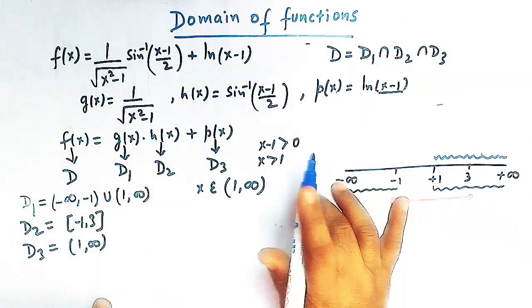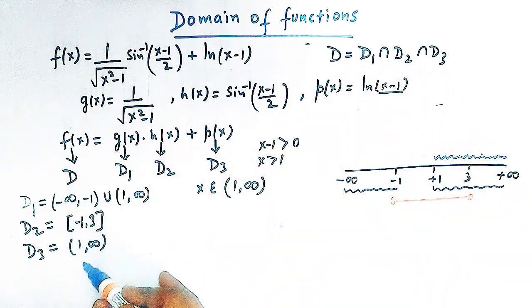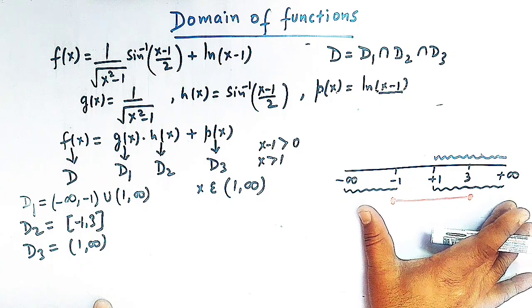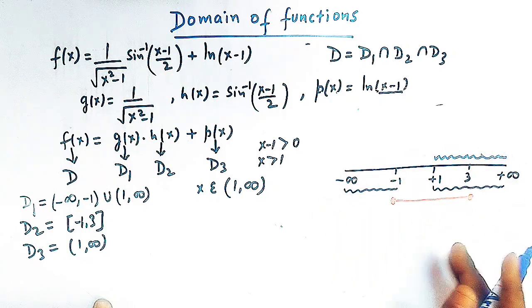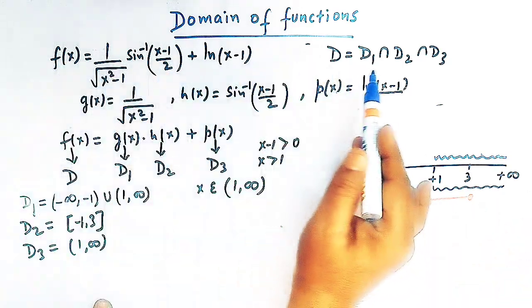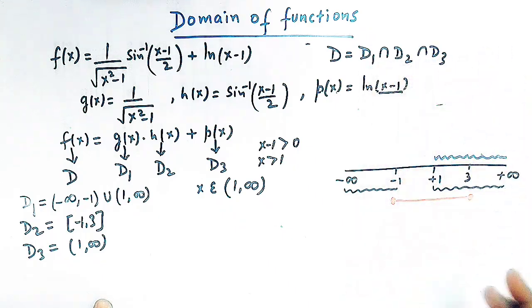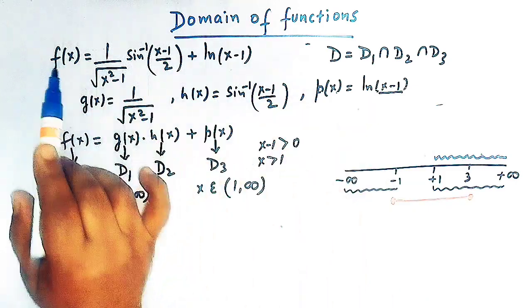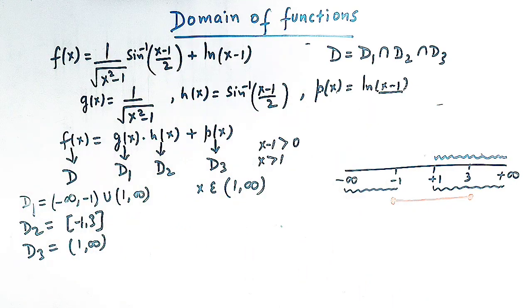Now we have obtained the domains d1, d2 and d3, and we have represented these domains on the real number line, right? And now from this diagram we have to identify the domain of the function f of x, which is given by the intersection of these three domains. So let us make use of this diagram to get the common values of x for which this function f of x is defined.